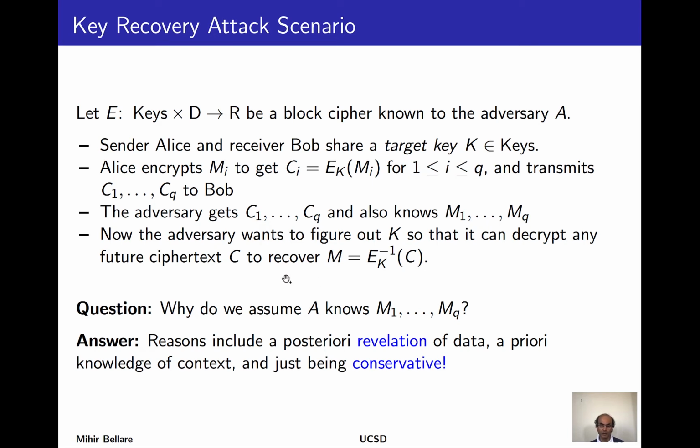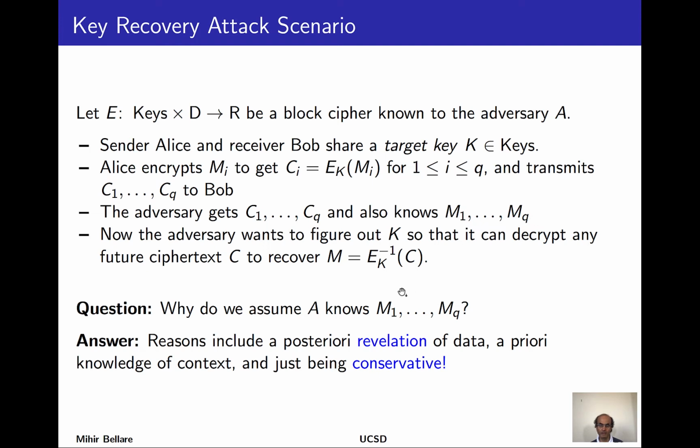However, one of the important skills or angles of approach we'll learn in the class is to be critical about these metrics of security. Already here we can start asking ourselves questions. For example, why does this definition assume the adversary knows the messages? Of course it knows the ciphertext because it's eavesdropping on the line. But the whole point of encryption is to protect the messages. Here I'm giving them to the adversary, so then it has nothing left to do.